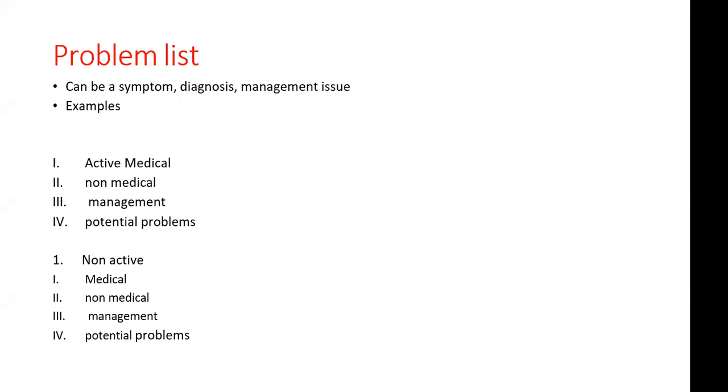Diabetes mellitus, but that's not an active problem. That's a non-active problem. So you have active medical problems, non-active medical problems. And there are non-medical problems as well. There could be active non-medical problems like financial problems, right? And there could be non-active non-medical problems as well. So these are some examples of problems.